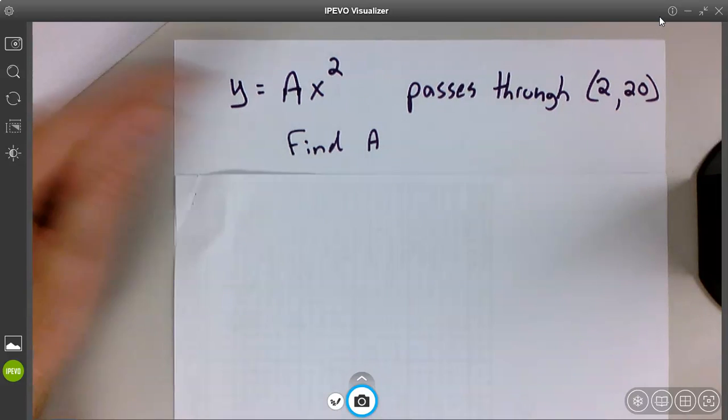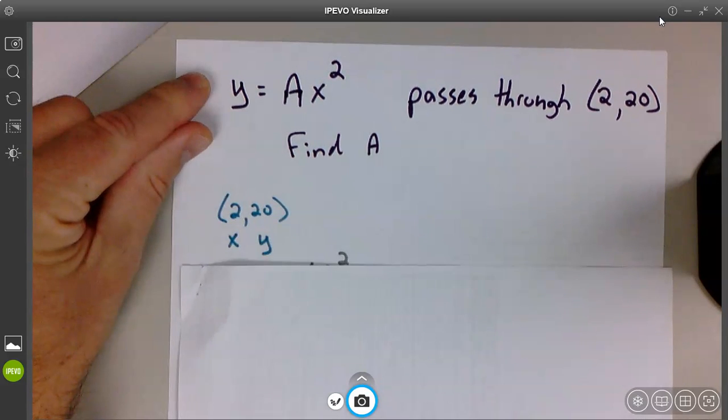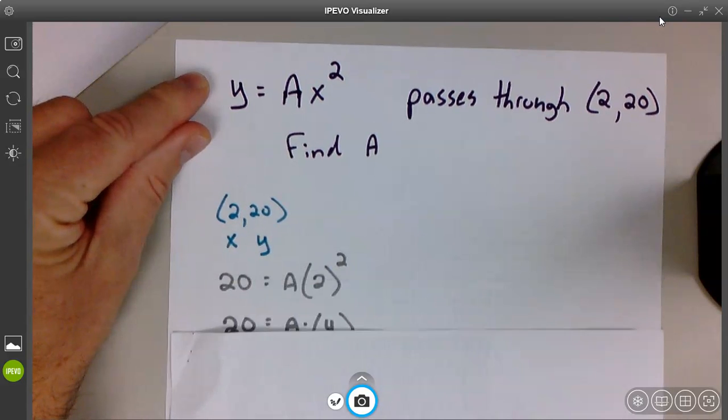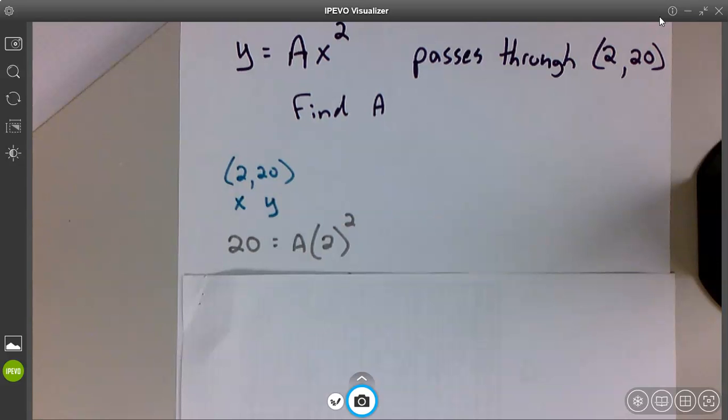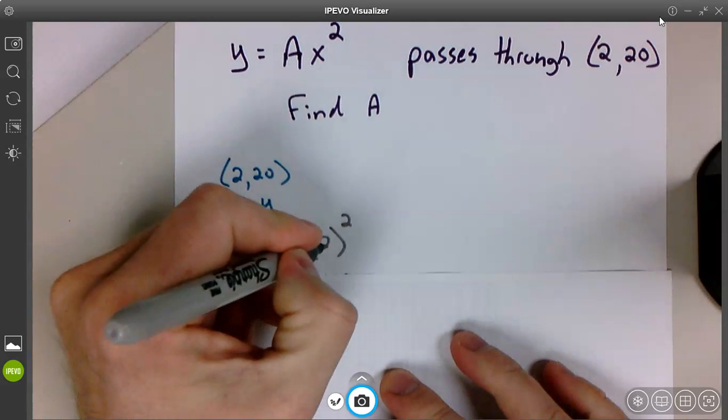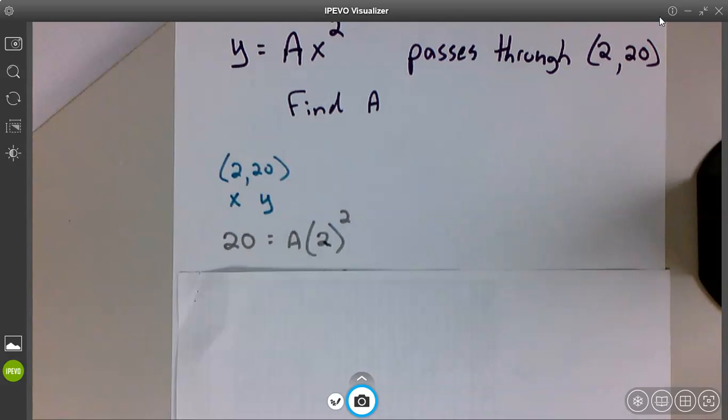That's an x, that's a y. We take the x out, we replace it with a 2. We take the y out, we replace it with a 20. Same process, even though it's a different equation. Now, please excuse my dear Aunt Sally, or PEMDAS, or whatever you guys learned, we have to do order of operations. Order of operations says to do exponents first.